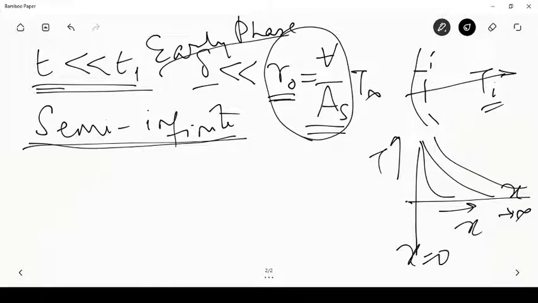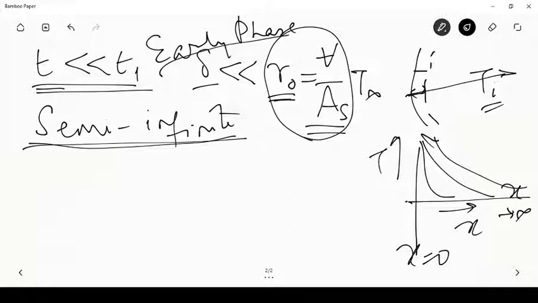So this is the thing that I was talking about. So this is a semi-infinite body solution that is obtained for a domain which is x equal to 0 to infinity. Right? So your body is de facto infinite as compared to the region which you are actually interested in. That's why it's called a semi-infinite object problem.